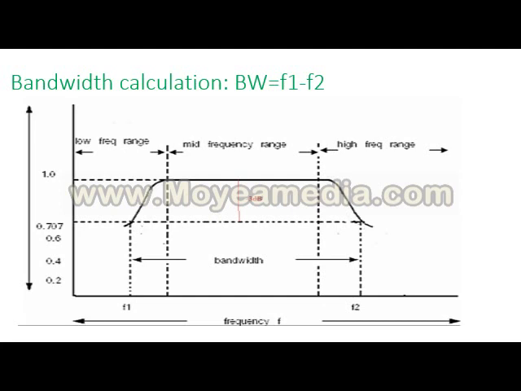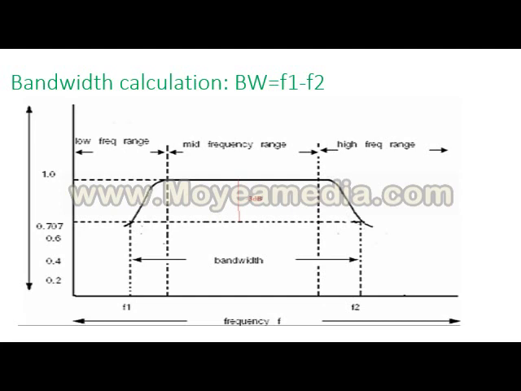F1 is the lower cutoff frequency, and F2 is the upper cutoff frequency. So calculate F1 and F2 from the 0.707 point, by taking 3 dB down from the maximum value. This F2 minus F1 gives the bandwidth of the RC coupled amplifier.